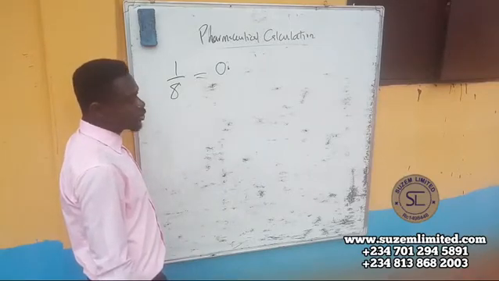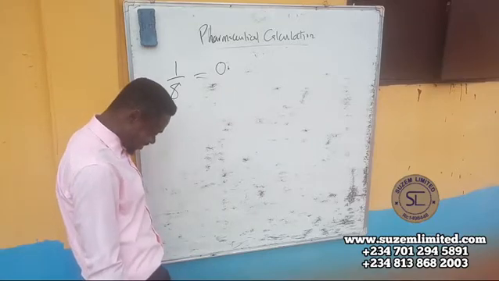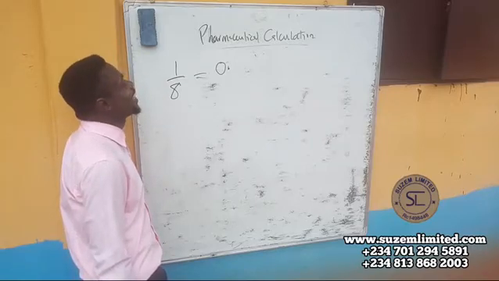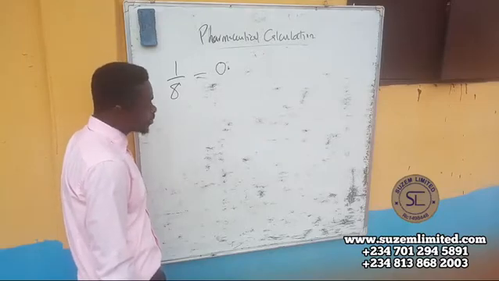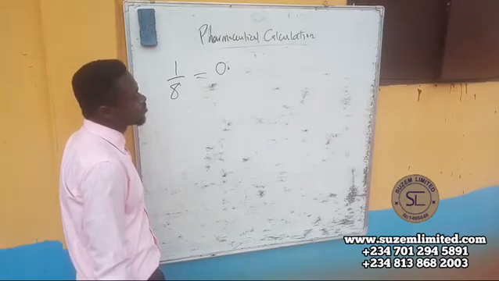So what are you going to do? Think. Let me know what you know. Think. 1 divided 0 remember 8. What do we do? 8 divided by 0. Huh?